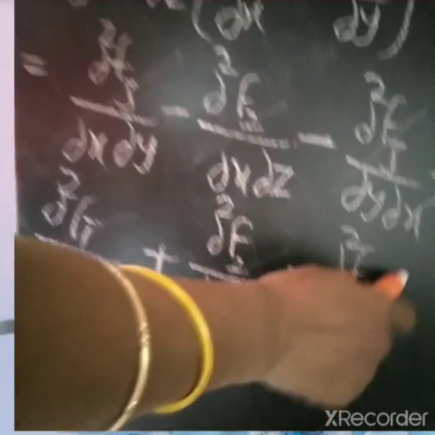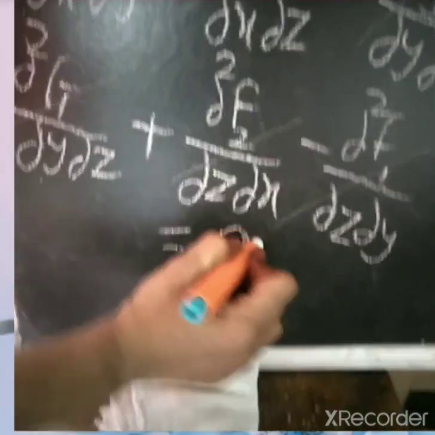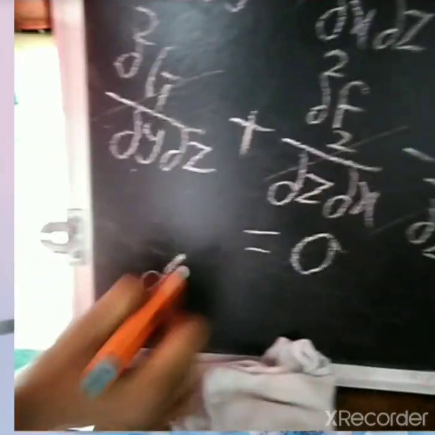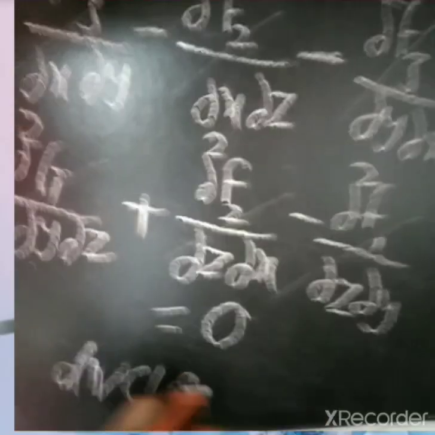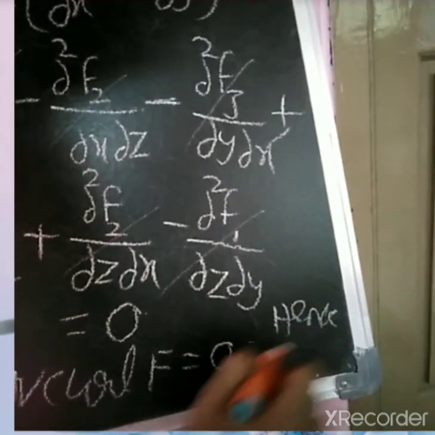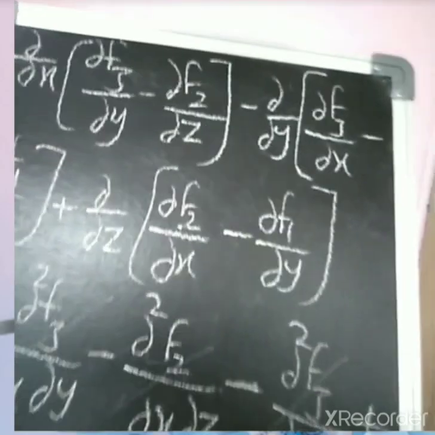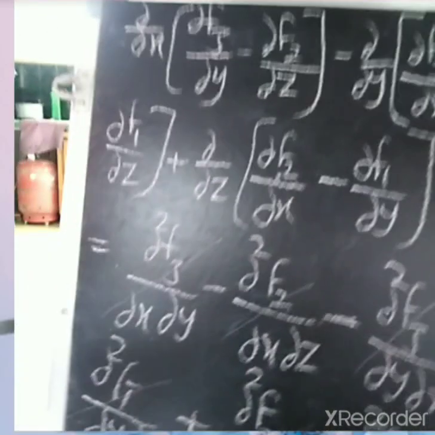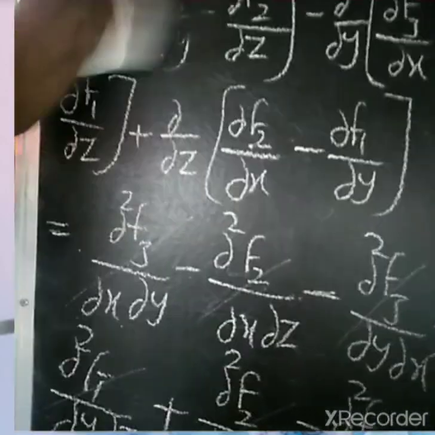The remaining dou square f1 terms are also cancelled. Therefore the total value is 0. So div curl f is equal to 0. Hence proved.